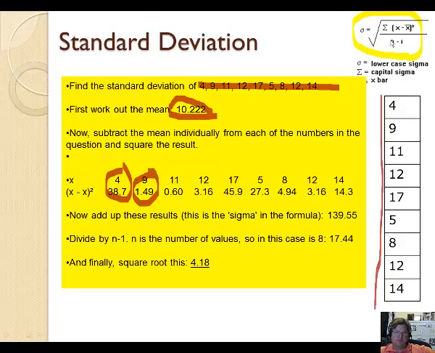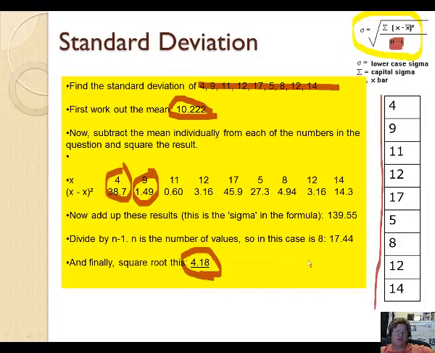And this is just following along this formula. Then we'd add up all of these, which is this part of the formula up here, and then we divide that number by n minus 1, which is this part of the formula here, and then finally we'd do the square root part to give us this number here. So the standard deviation for this distribution of scores is 4.8.